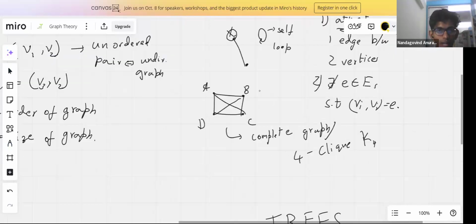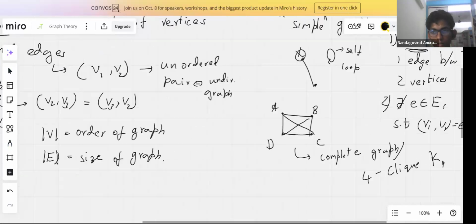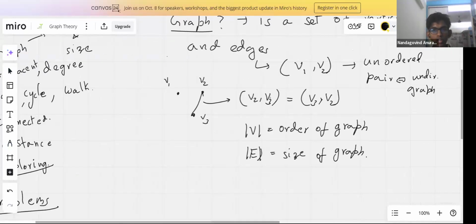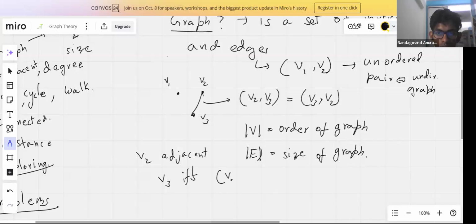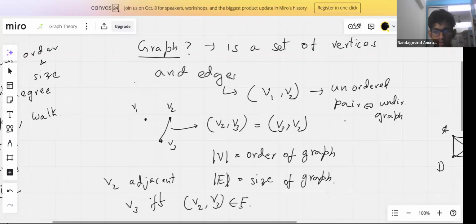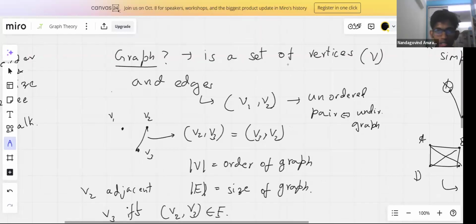Now we're going to have a couple more definitions. We call two vertices adjacent: V2 is adjacent to V3 if and only if (V2, V3) belongs to E. The set of vertices we will denote with capital V and the edges with capital E, by the way.